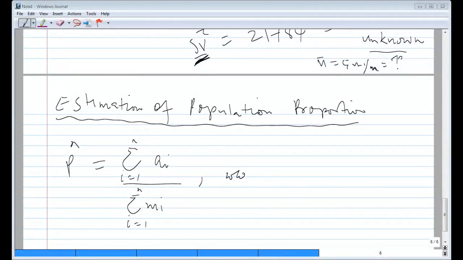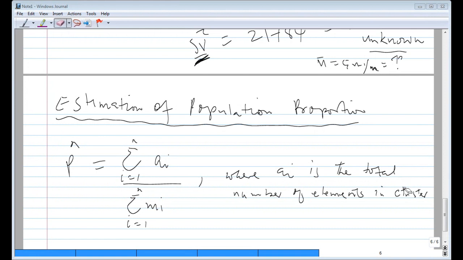Where in this case, ai is the total number of elements in cluster i.